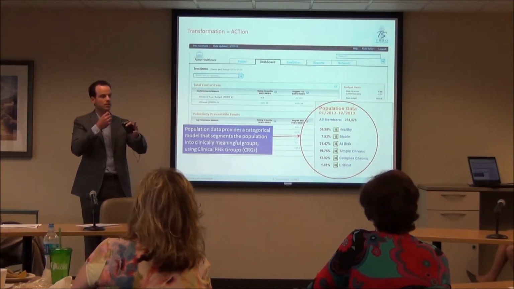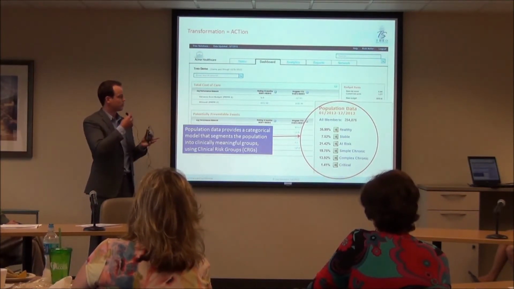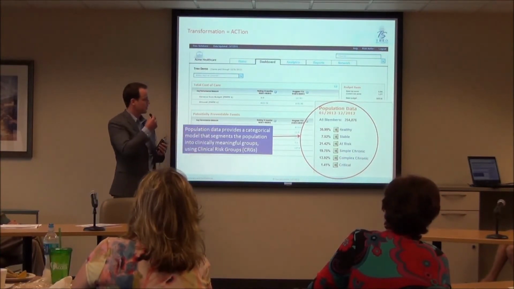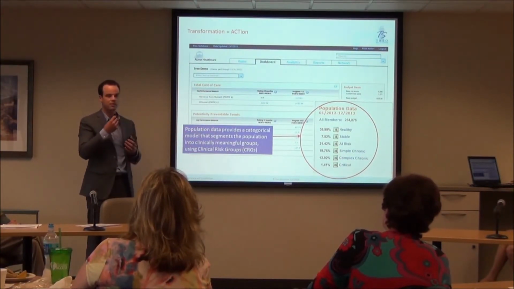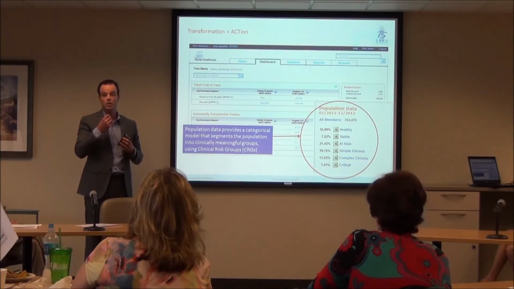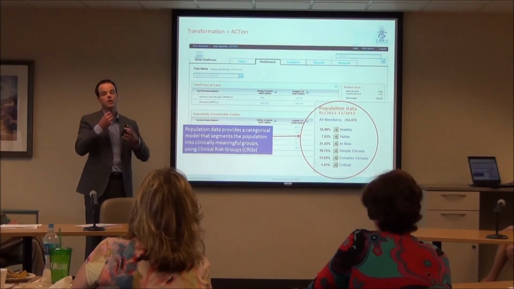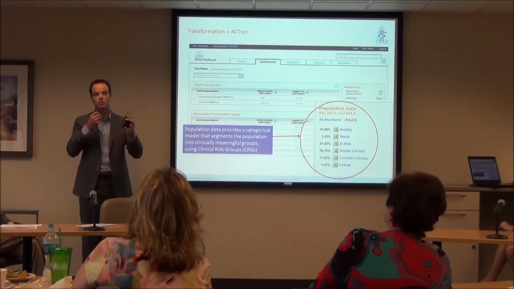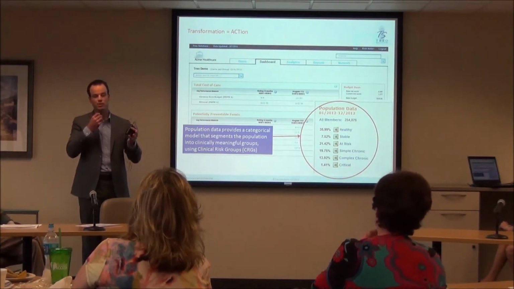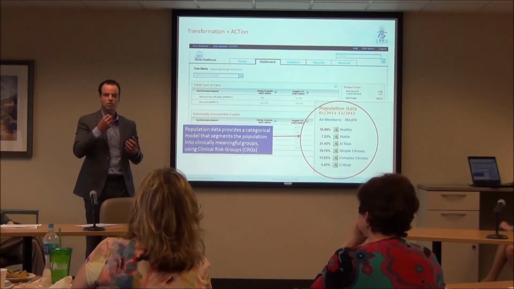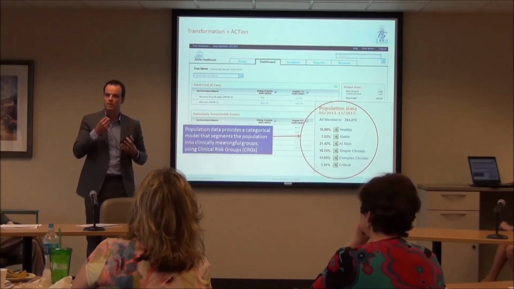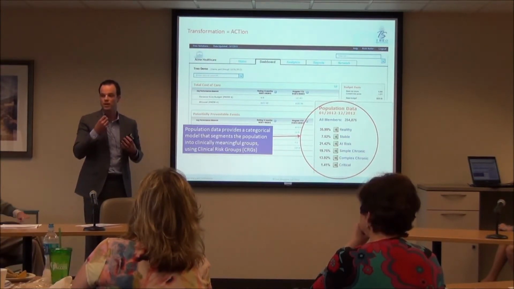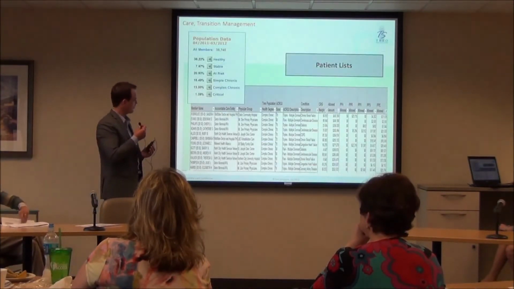So rather than trying to focus in on all 254,000 people, in this particular example, we can click directly on that complex chronic link, for example, and just focus in on those people as a starting point, and then from that point forward, begin to segment just that subset population into more granular detail to create a specific targeted list of, say, top 10, top 20, or top 50 people within that subset of patients.